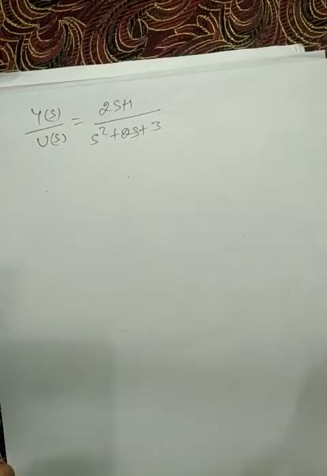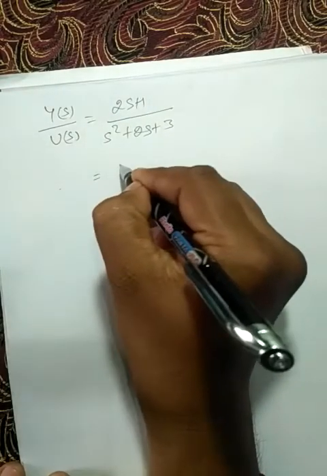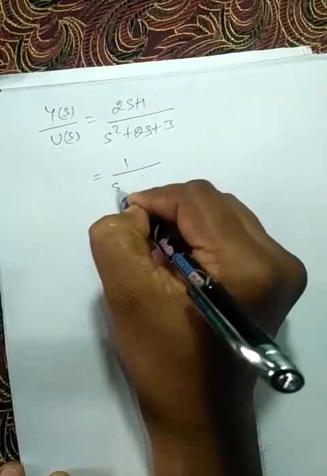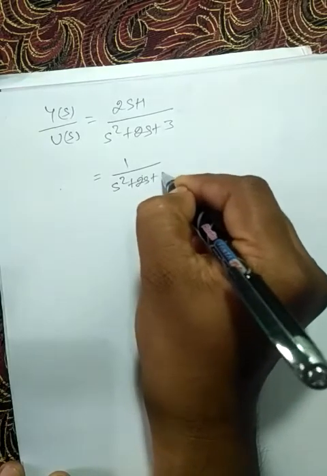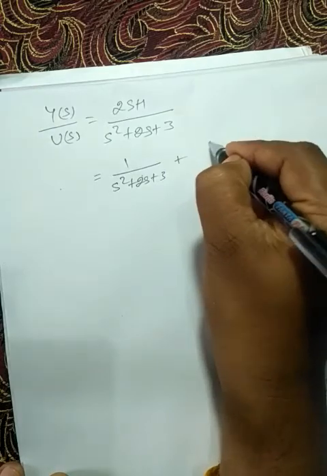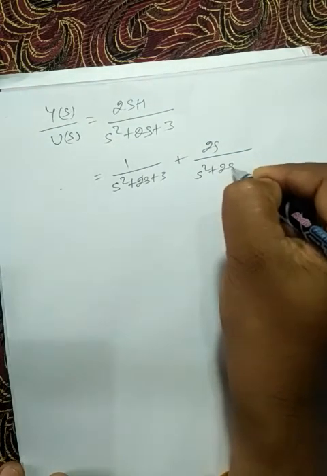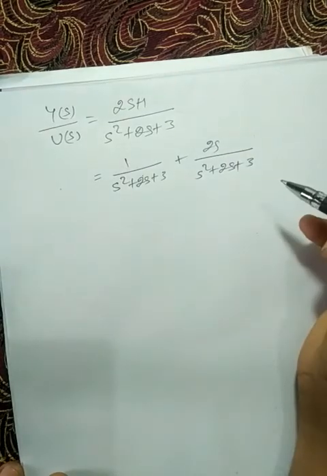So to do this, we have one way: we'll split this into two parts, 1 by (s squared plus 2s plus 3) plus 2s divided by (s squared plus 2s plus 3).